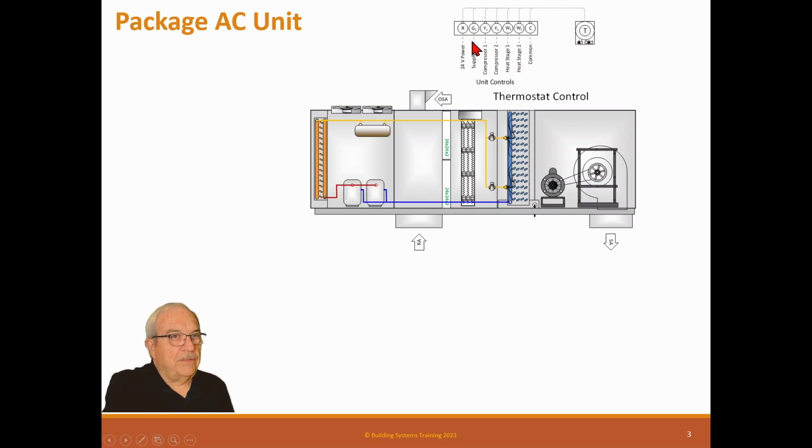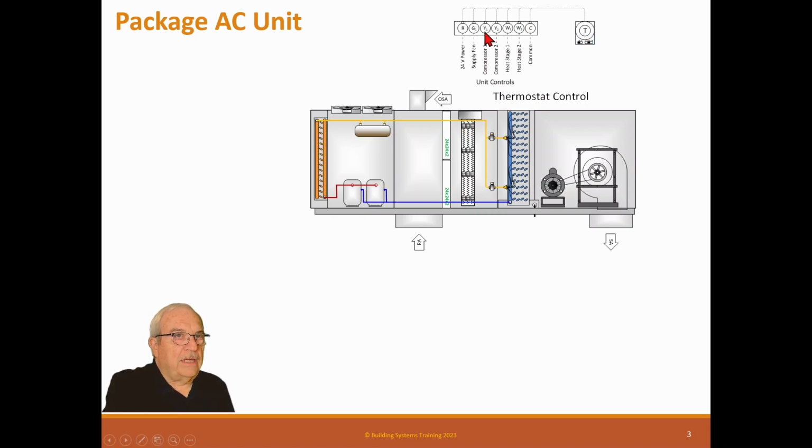In this terminal board, it has a green. The power ones are for red, and this green is for fan. So if you have fan control, the power goes over to the thermostat. The subbase switches it. If it's on, it switches it on. Then it puts power to this green terminal, which then powers the fan.